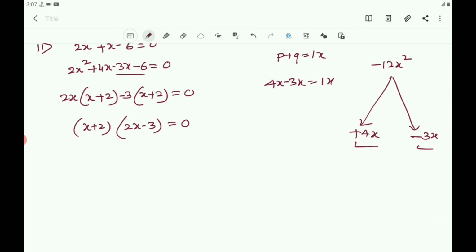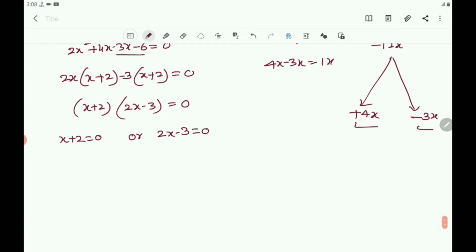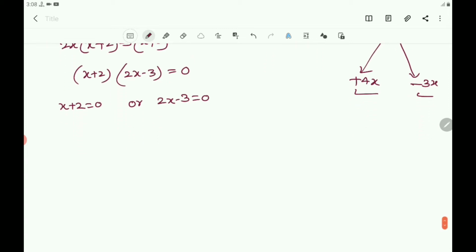Equate each factor to 0. The first factor is x plus 2. Equate that to 0. So write x plus 2 equals 0 or 2x minus 3 equals 0. Then x equals 0 minus 2, that is minus 2, or 2x equals 0 plus 3, that is 3.